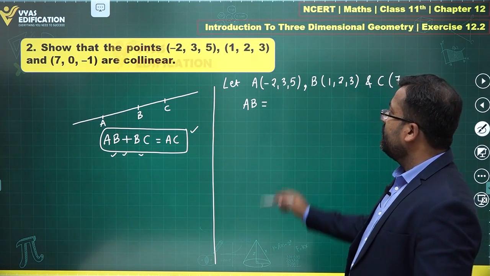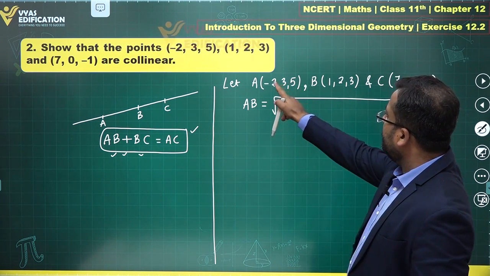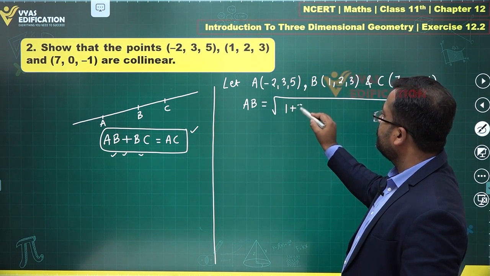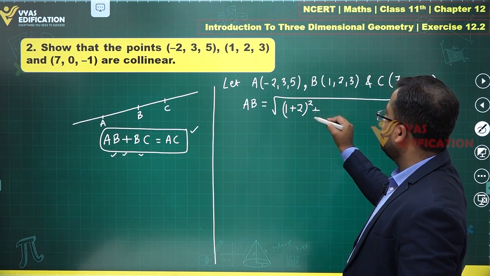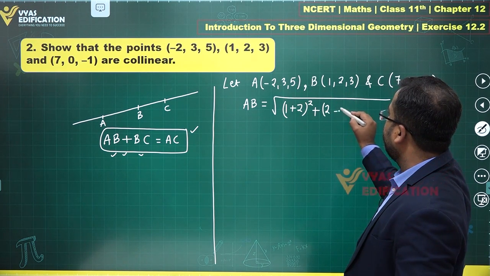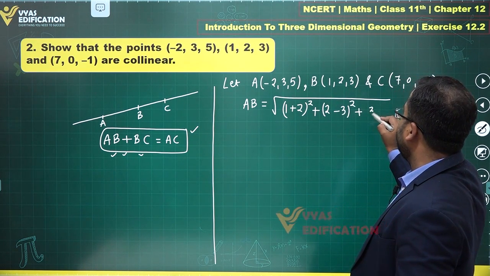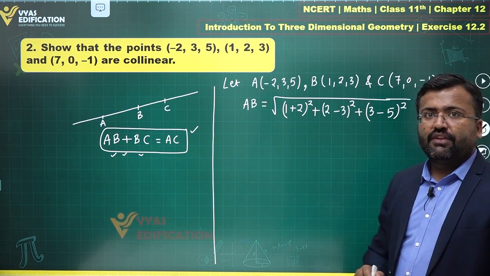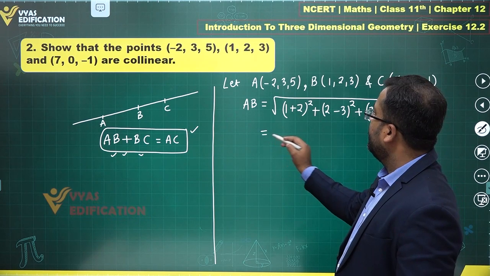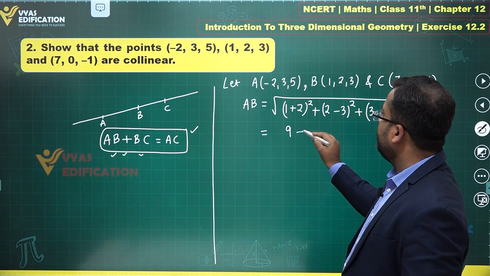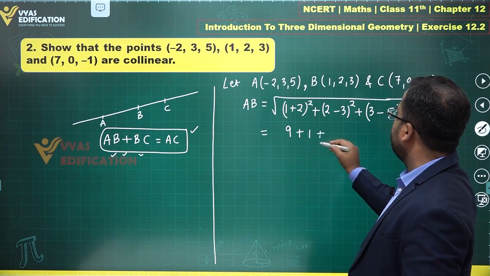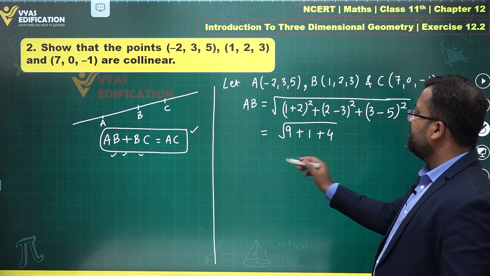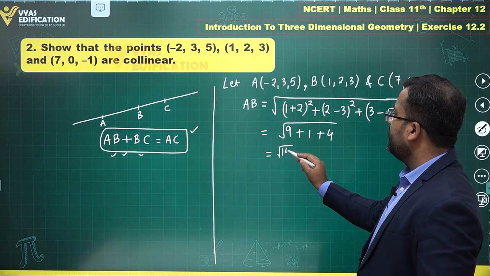The distance AB will be the square root of (x2 minus x1, which is 1 minus of minus 2, which becomes 1 plus 2, squared, plus 2 minus 3 squared, plus 3 minus 5 squared). This is what you have. Is that okay? Yes. This is 3 squared, which is 9, plus minus 1 squared, which is 1, plus minus 2 squared, which is 4. This is what you get. What does this become? This is 14, square root of 14.